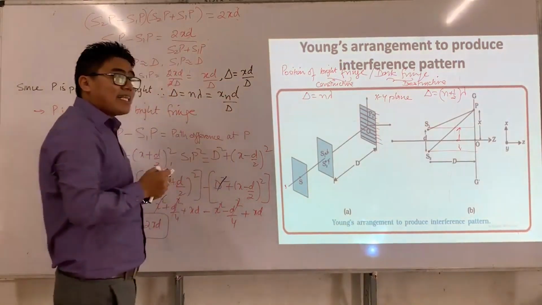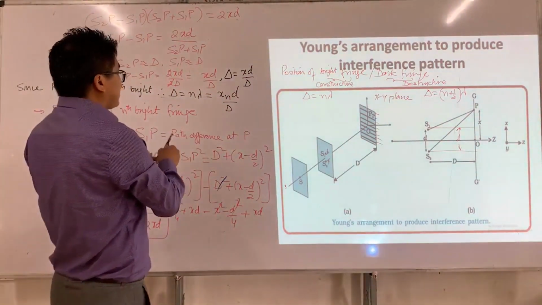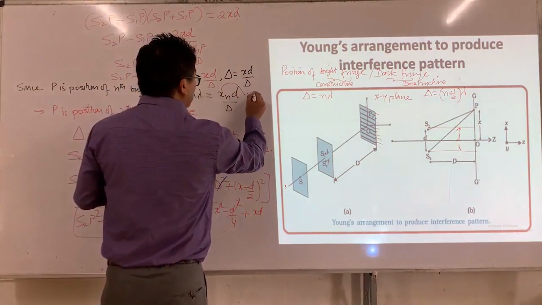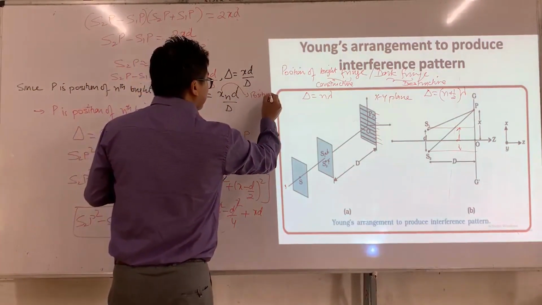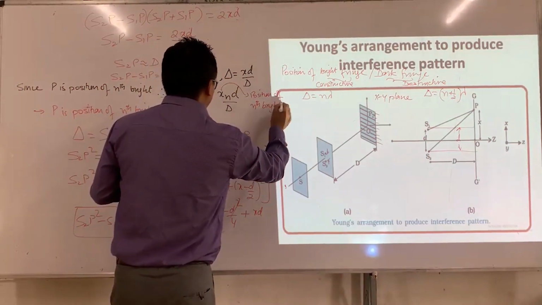Why do I put xn? Because this is the position of n bright.